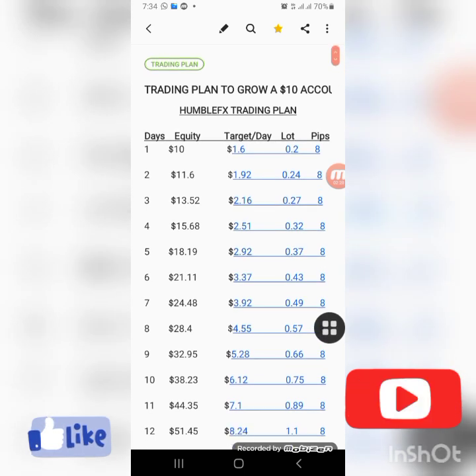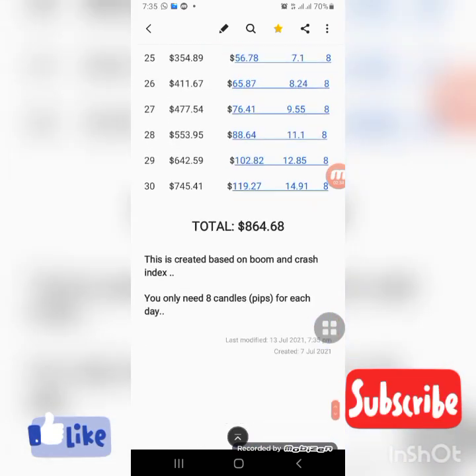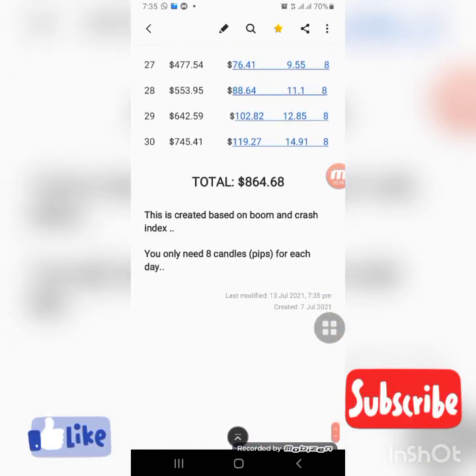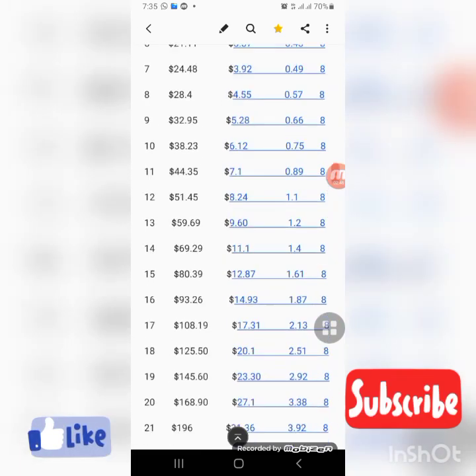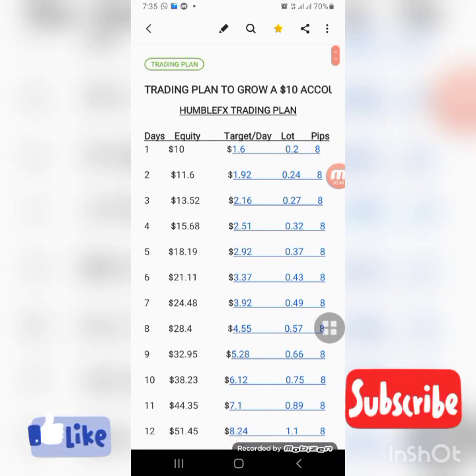This is my trading plan to grow a $10 account to a total of $864 after the 30 days, which is up to $900 in 30 days, and we are only trying to get 8 pips.